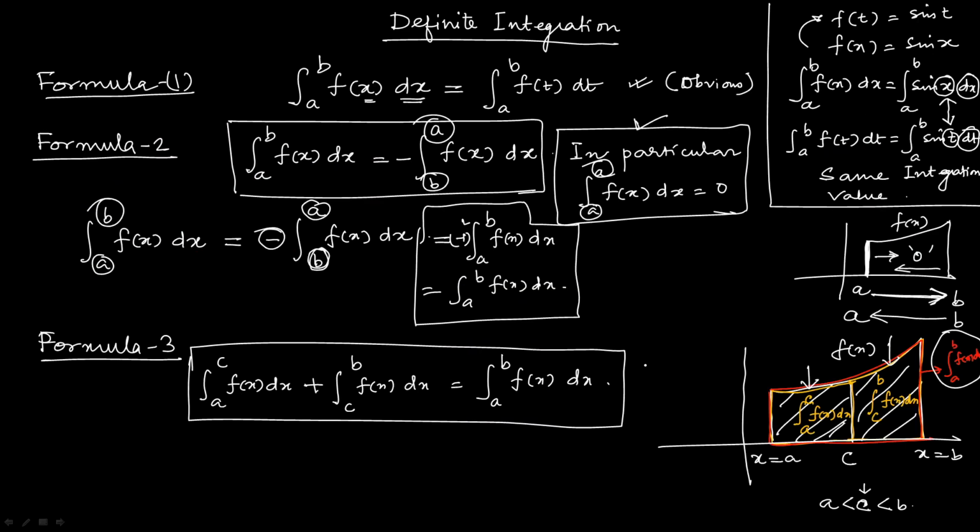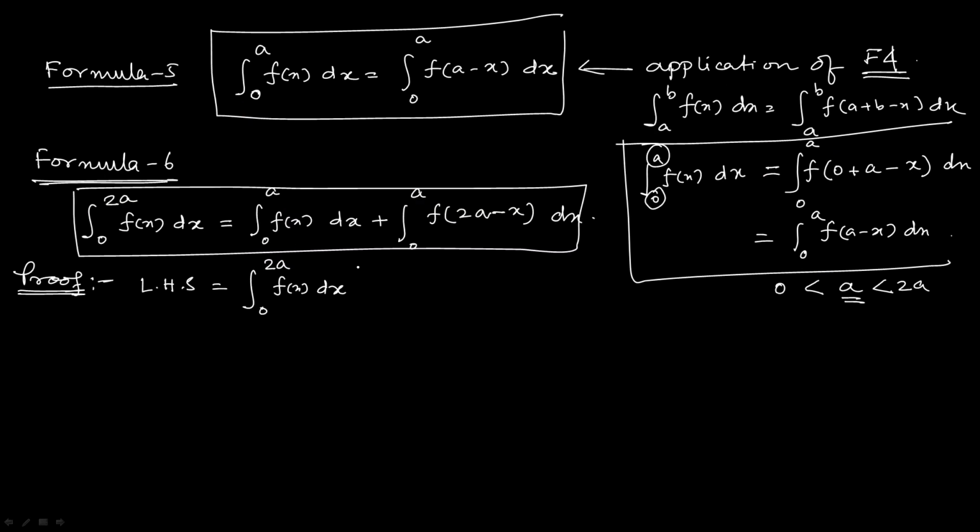This third formula I am going to implement here. So this is nothing but 0 to a f(x) dx plus a to 2a f(x) dx. Now this one is clear.